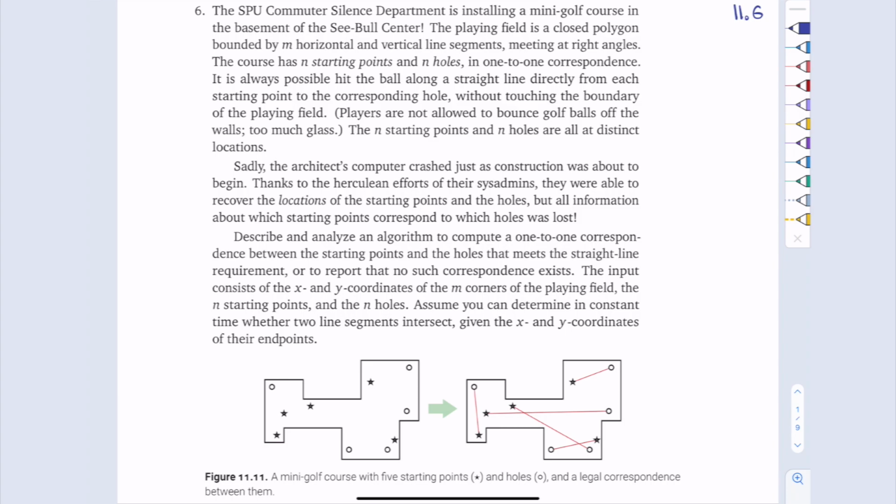We only have the locations of the starting points and the holes, but we lost track of which starting point corresponds to which hole. Describe and analyze an algorithm to compute a one-to-one correspondence between the starting points and the holes that meets the straight line requirement. A starting point and its ending hole have to be connected by a straight line that stays in the course.